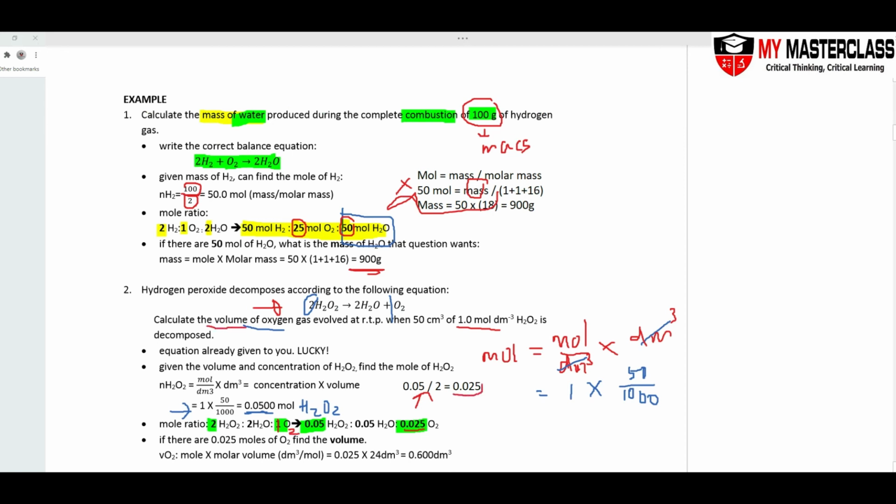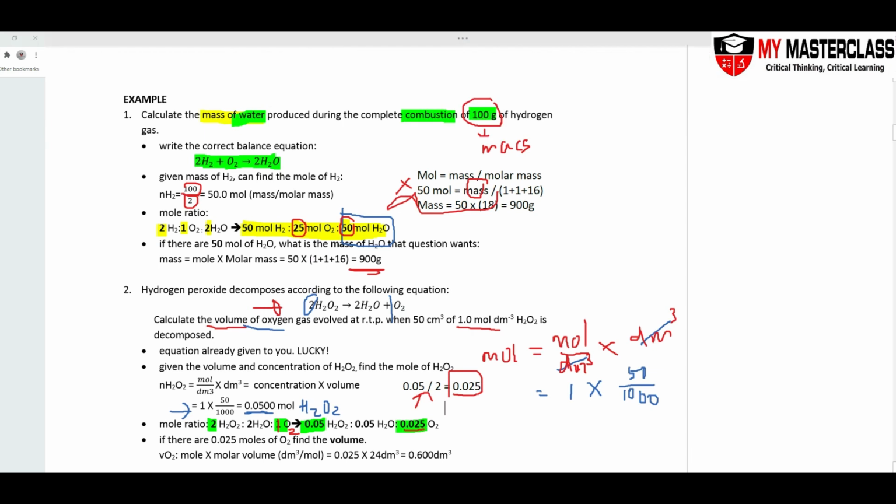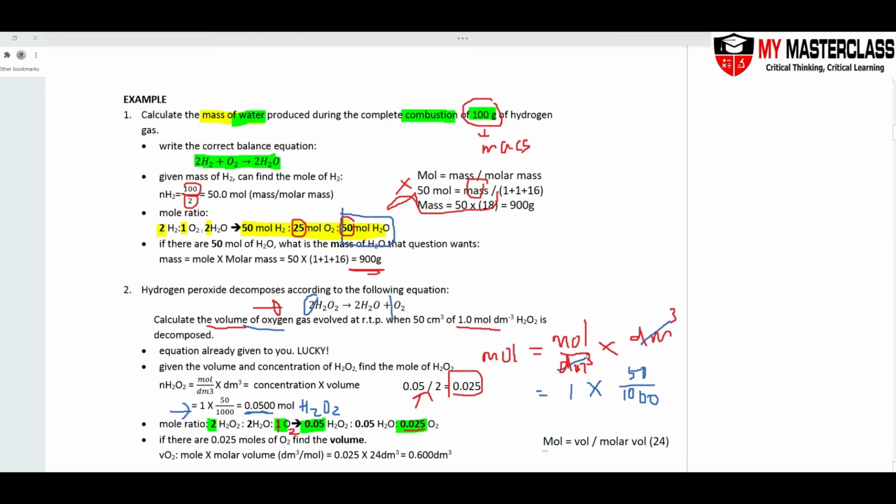The question is asking what's the volume. Now I have 0.025 mole. What's the volume? You have to apply the other formula that you know: mole equals volume divided by molar volume, which is 24 dm³. If I want to find the volume, which is what the question is asking, I have the mole, 0.025, which I just counted using the ratio.